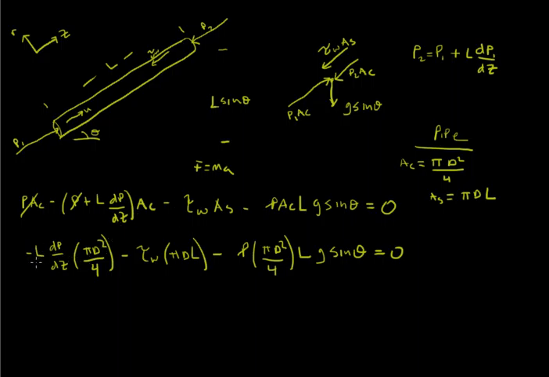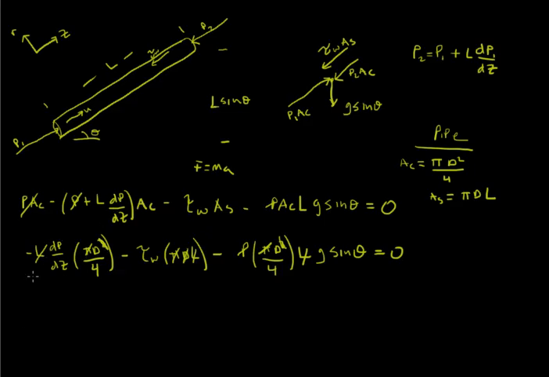Okay, and I can cancel out all these L's now. Each term has a pi. Cancel that out. And I can cancel out this d squared, and this d squared. Okay, and then I'll go ahead and simplify that.